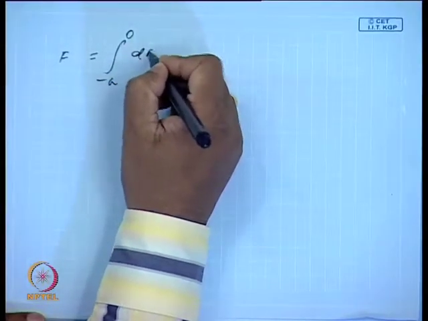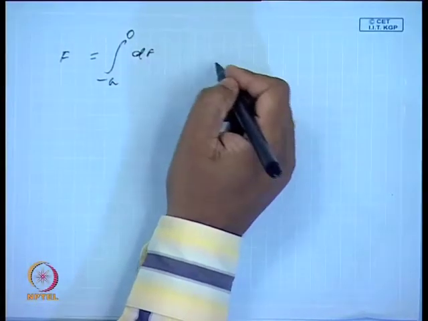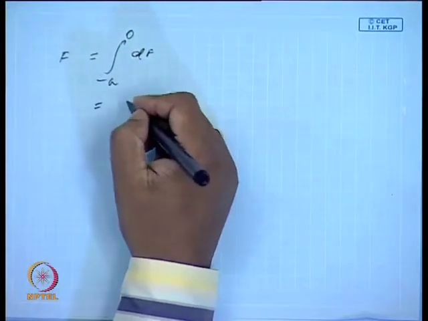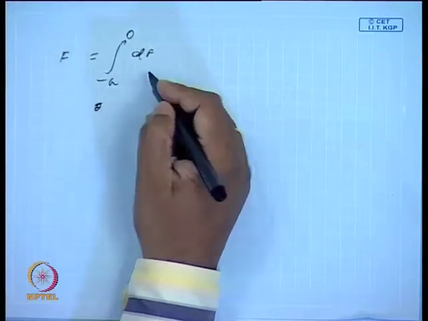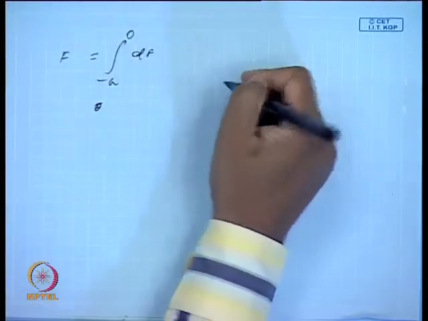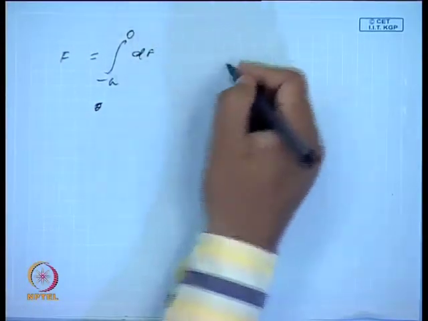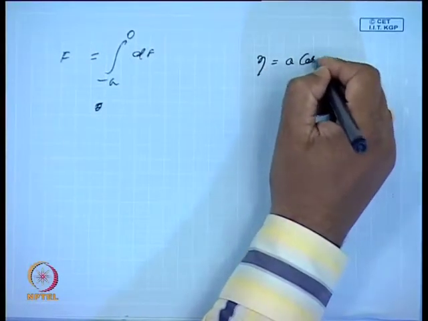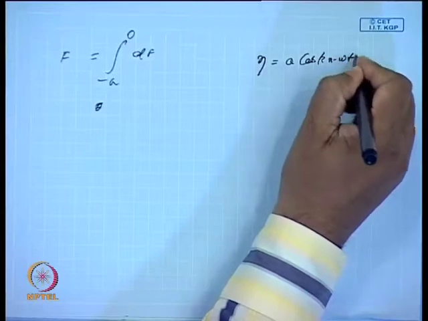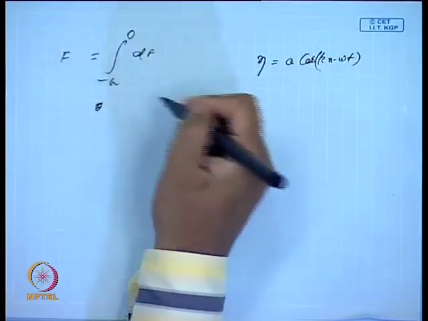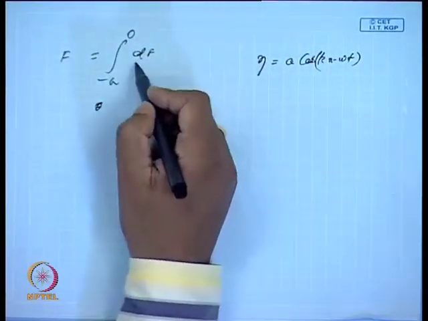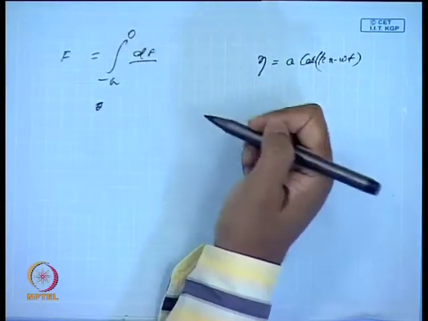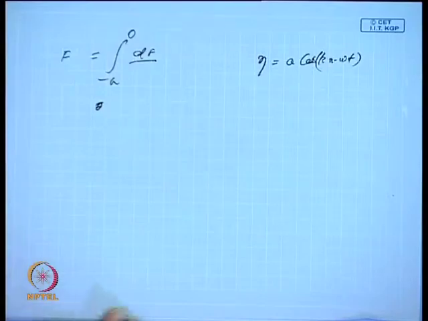Here u is known, because for every eta, where eta is equal to a cos k x minus omega t, the elementary force ds is integrated over the depth, over the small elementary length, from minus h to 0.